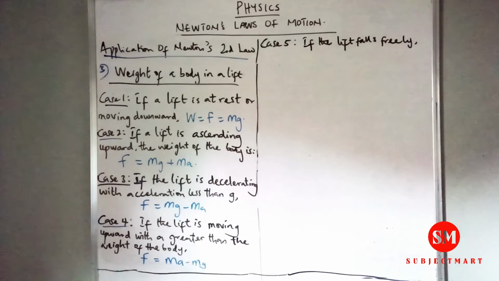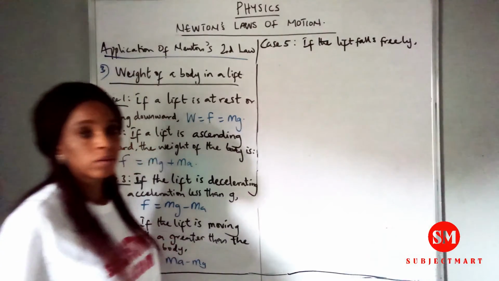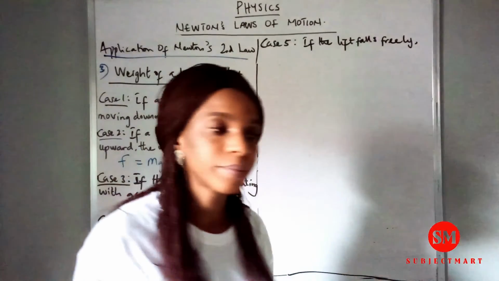The last case we will be considering is that of weight of a body in a lift. Now, for a body in a lift, two forces are acting on such body.